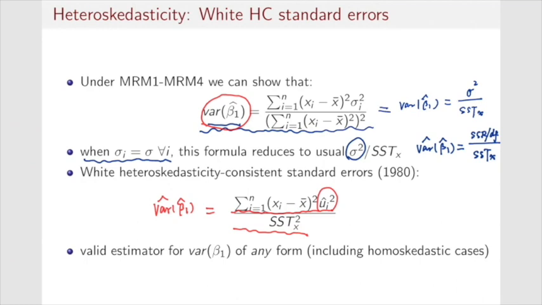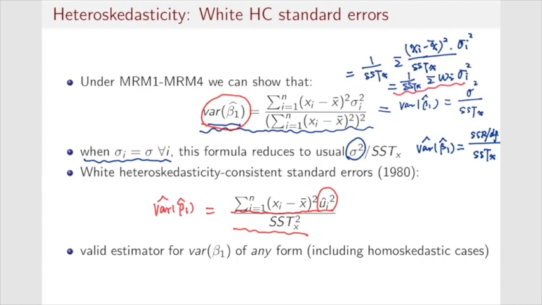Compared to the homoscedasticity case, the variance of beta 1 hat under heteroscedasticity can be written as SST_x times the sum of (x_i minus x bar) square over SST_x times sigma_i square, which is equal to SST_x times the summation of weight_i times sigma_i square.